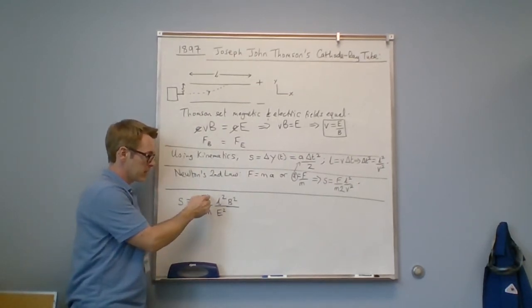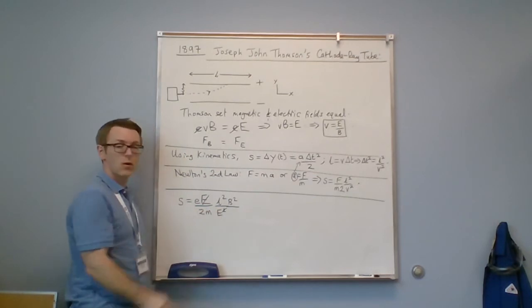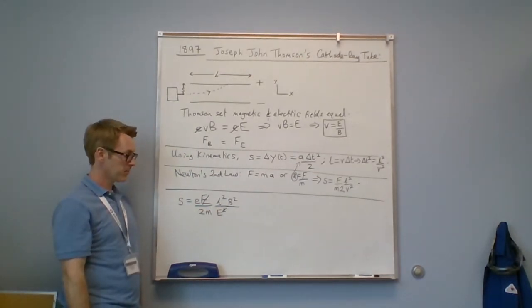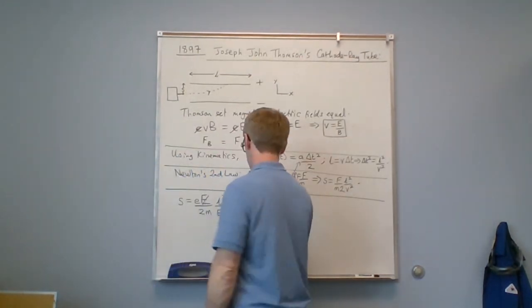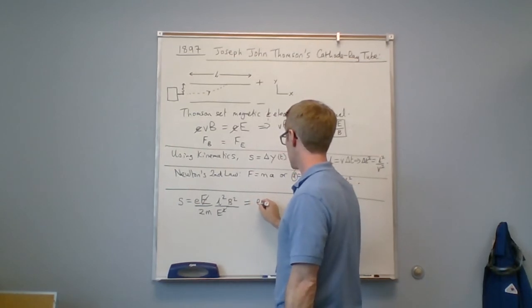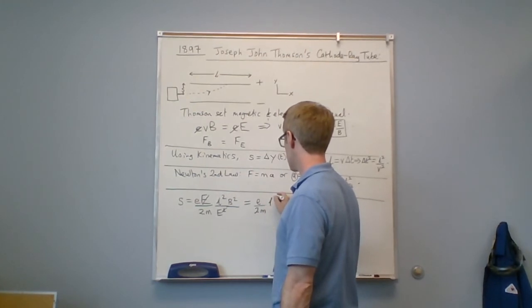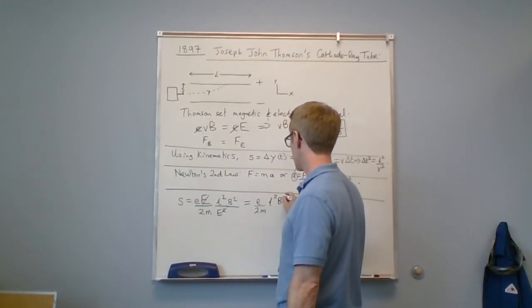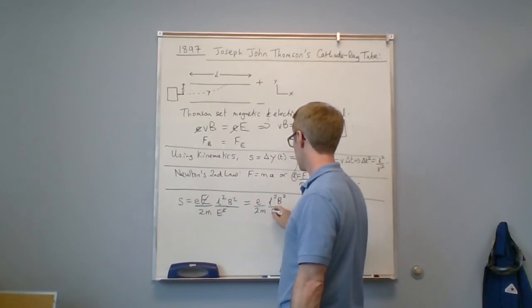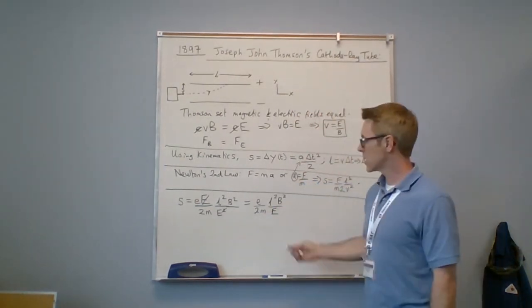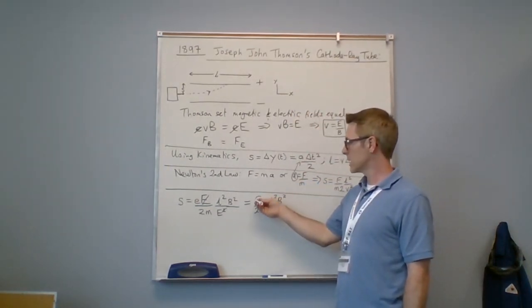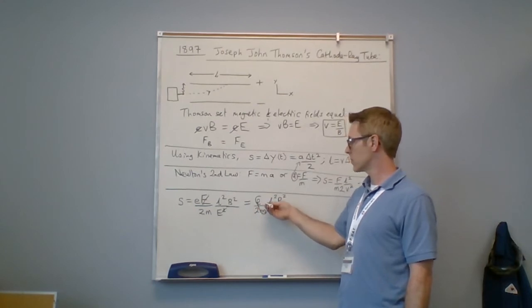Okay, I have some variables now that will cancel. So I have the electric field here that cancels one of the electric fields here. So let's rewrite that. So e over 2m is L squared B squared over E. And what we're interested in is this charge to mass ratio.